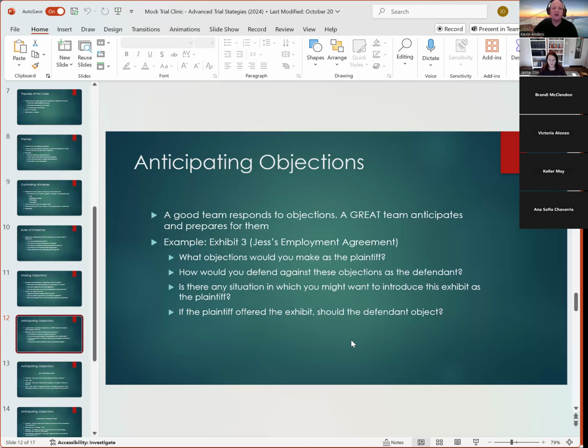What they'll do is ask opposing counsel if they would agree to them admitting it before trial. And that presumes that there are no questions about authenticity or anything like that. So for our hypothetical, if there are questions about it, probably not. But if it's pre-admitted before trial, you can use that in your opening to be like, here's the jury, here's the document, it says this, things like that. So that could be a situation where you would want to introduce the exhibit.